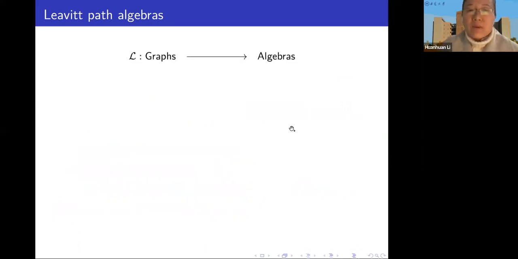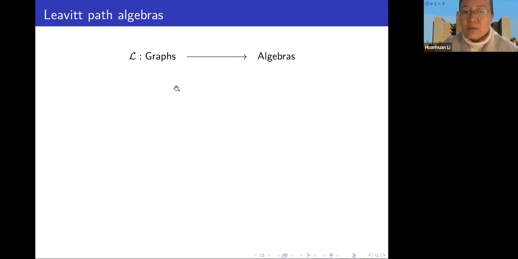For Leavitt path algebras, we can view this as a functor. We start from directed graphs, and then we have associated algebras on the right-hand side.